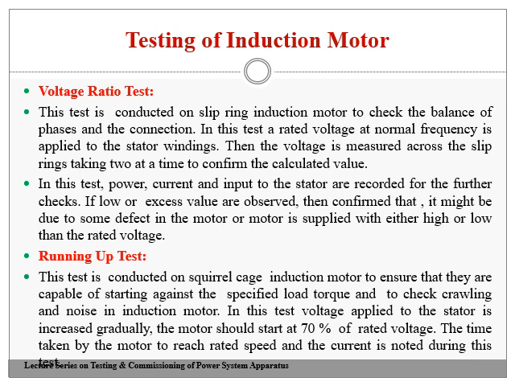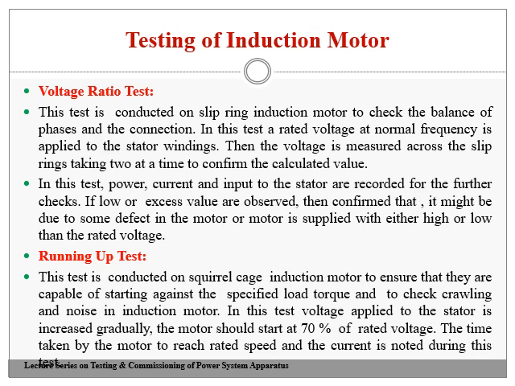In this test, rated voltage at normal frequency is applied to the stator winding. I apply the stator voltage here. Then I go on measuring the voltage across each slip ring, line to line or phase voltage. If I measure the phase voltage or line voltage, that should be according to the design condition only.